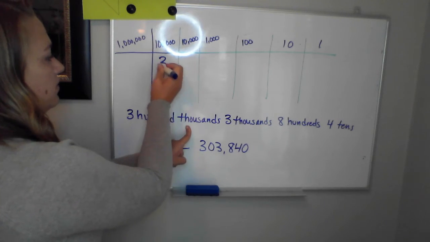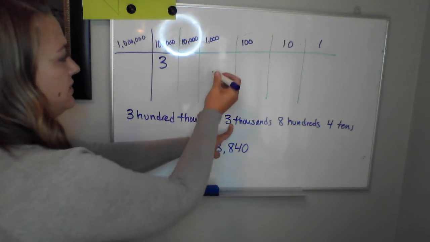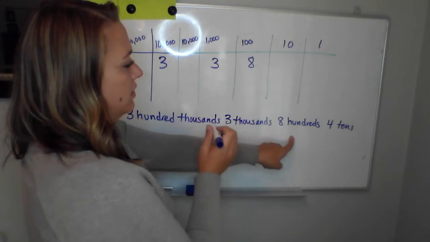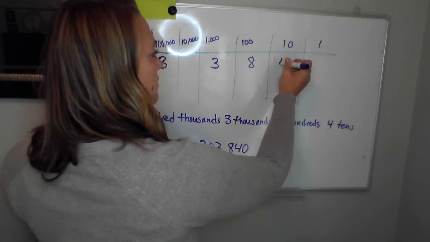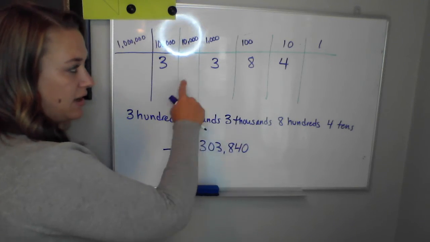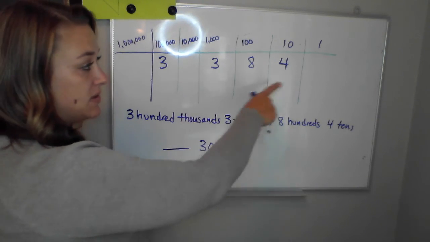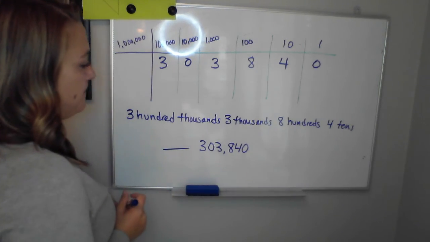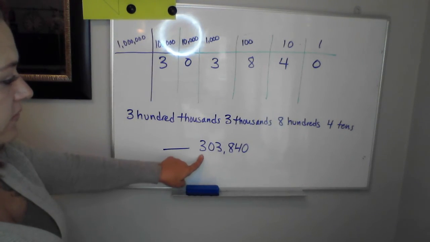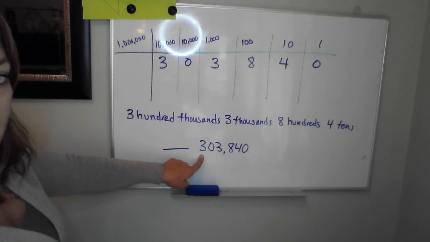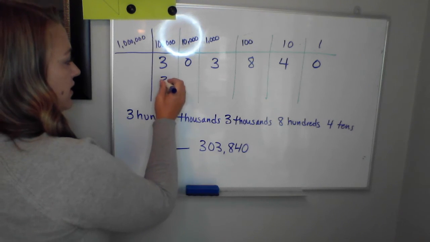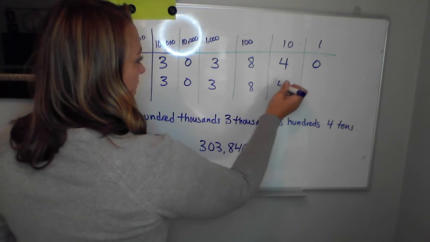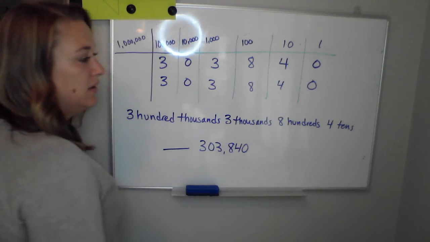Okay, so if I have 300,000s, 3,000s, 800s, and 410s, don't forget, I don't have any value in my 10,000s and ones, but I still need my 0. Okay, and now I'm going to have my standard form, 303,840.